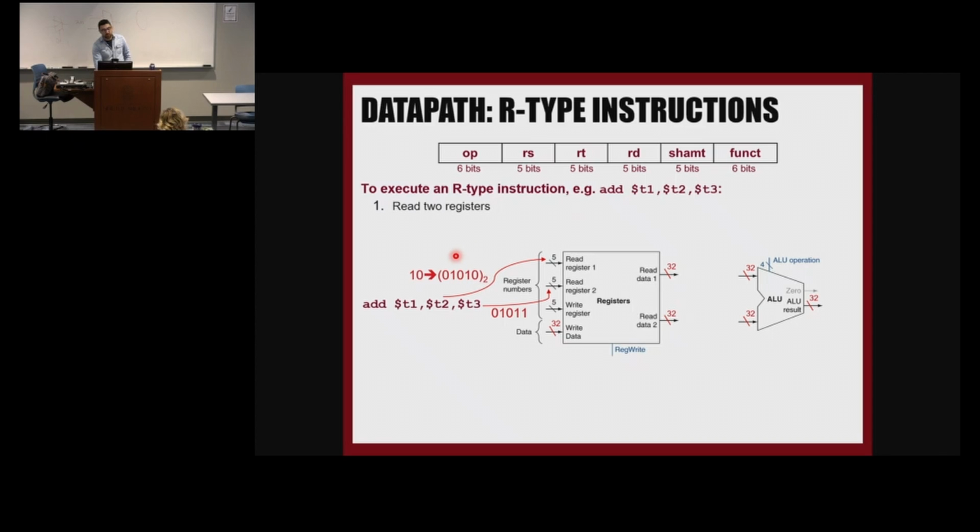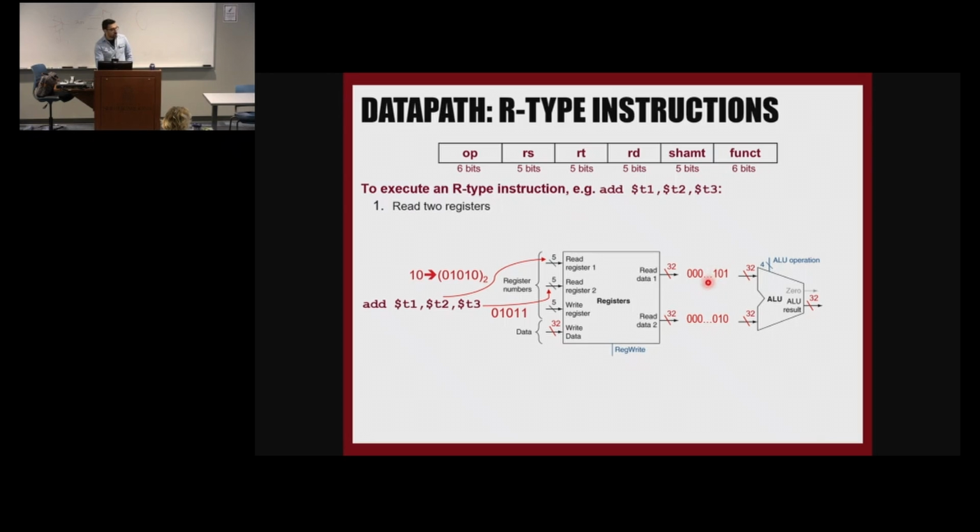This is the number 10. We send this number to the input, and the index number for T3 is 11. So it's 1, 0, 1, 1. This is what goes to the second register. Now we read the contents of those registers. The input is 5 bits, the output has 32 bits. Let's say the contents are 5 and 2.